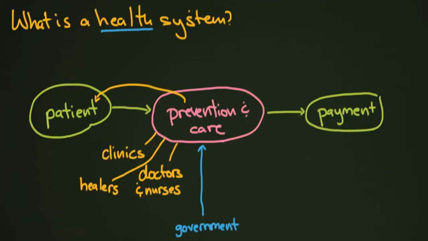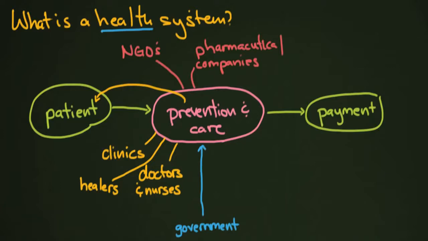As a part of this whole prevention and care network, a lot of companies have come out and started selling services. So pharmaceutical companies are a big one. And you also, over time, have gotten a lot of NGOs, non-governmental organizations. So these are organizations that aren't affiliated with the government.